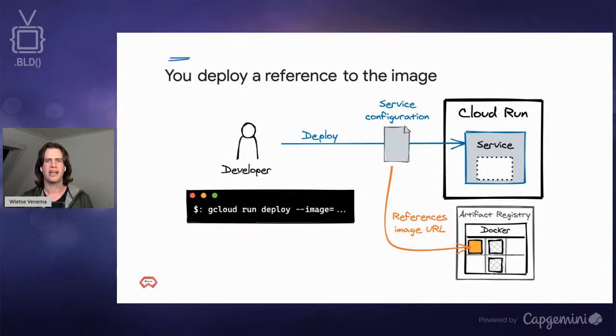This means you hand over, like I show in the slide, the command line command you use. So you say gcloud run deploy image and then the image URL. And this means you hand the container reference over to Cloud Run, which then pulls the image from Artifact Registry. I showed the command line example, but you can also do this through the web console.